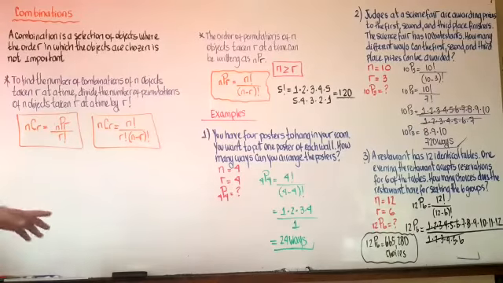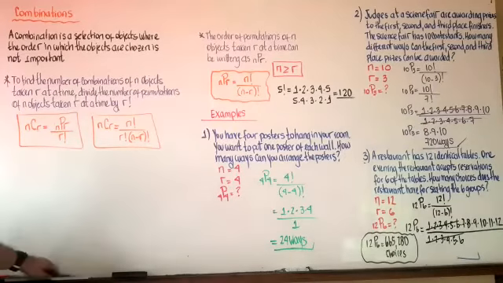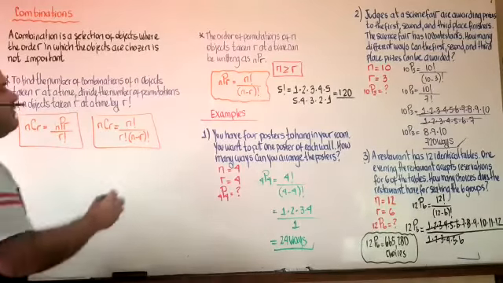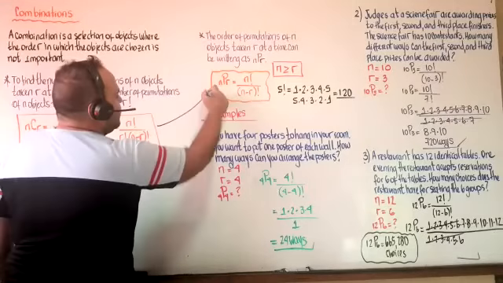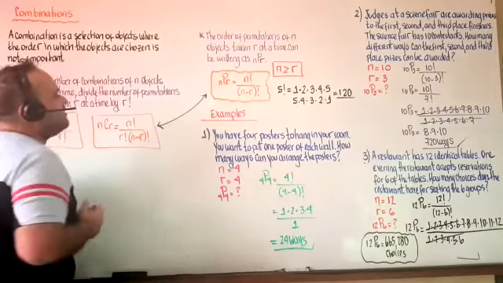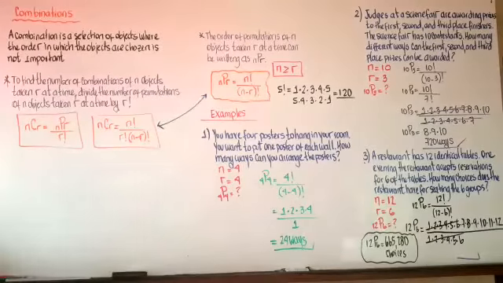The difference between the combination and the permutation is in the denominator: in the combination we multiply r factorial by n minus r factorial, while in the permutation we only divide n factorial over n minus r factorial.